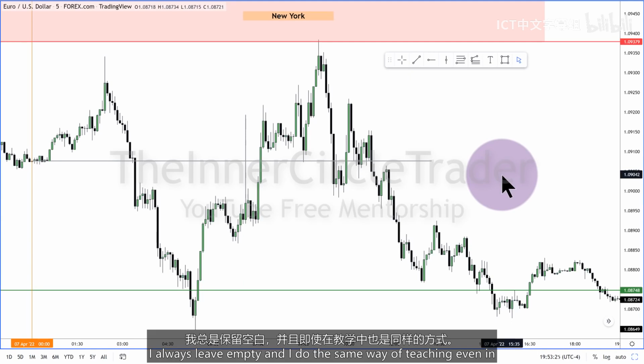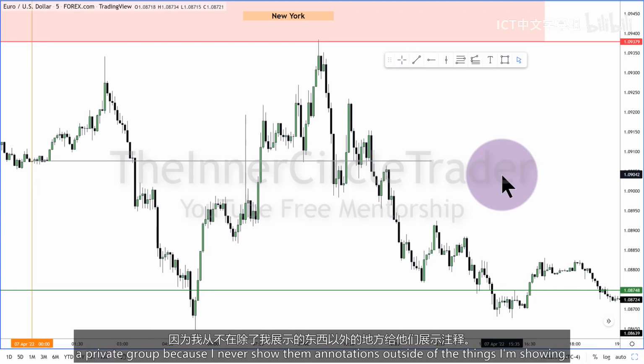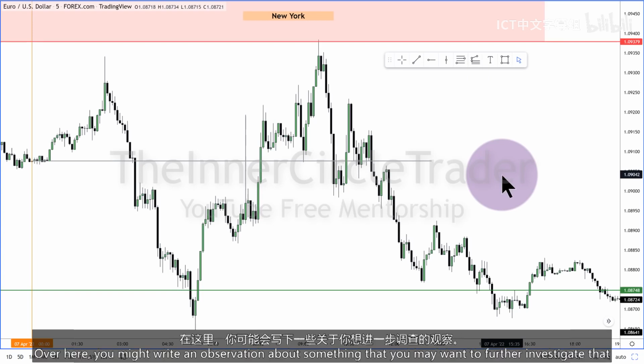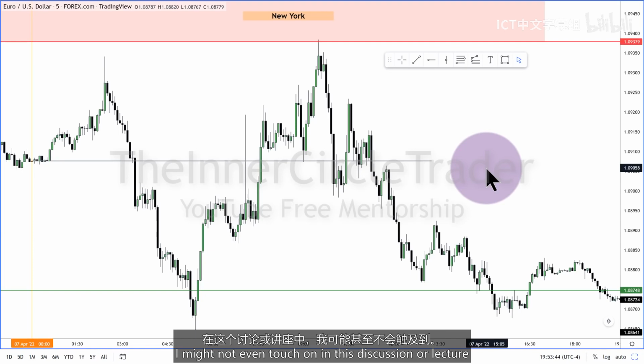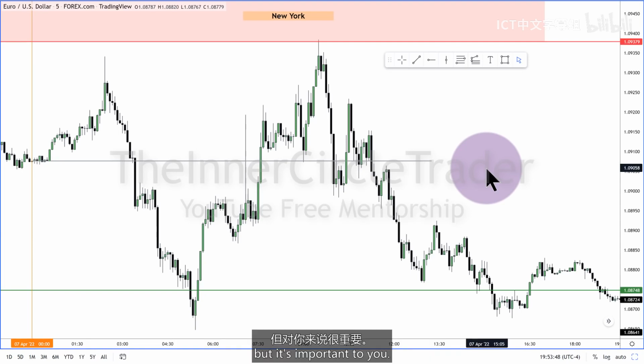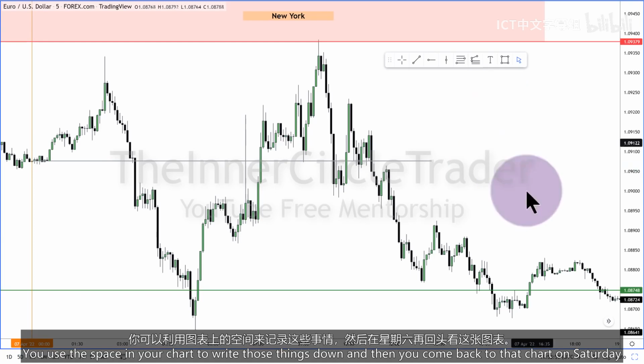This part, I always leave empty, and I do the same way of teaching, even in a private group, because I never show them annotations outside of the things I'm showing. Because over here, you might write an observation about something that you may want to further investigate that I might not even touch on in this discussion or lecture. But it's important to you. So you use the space in your chart to write those things down.